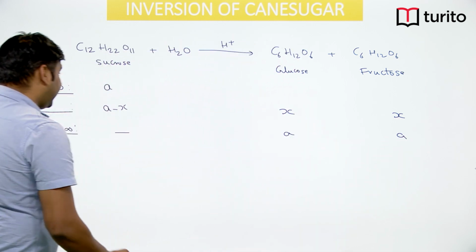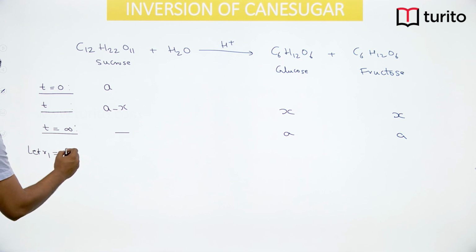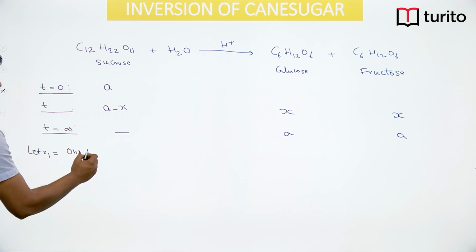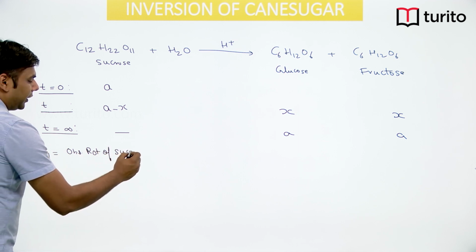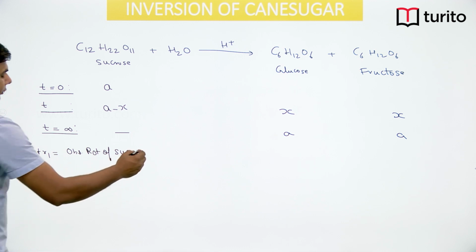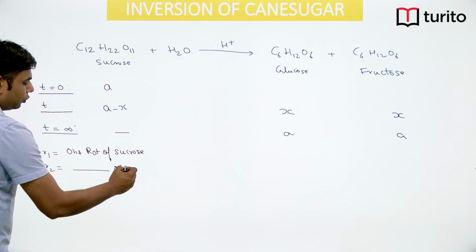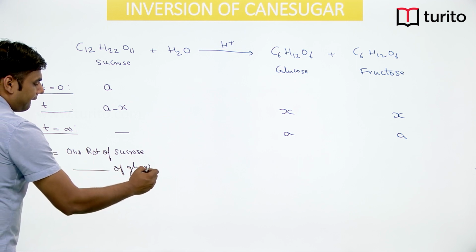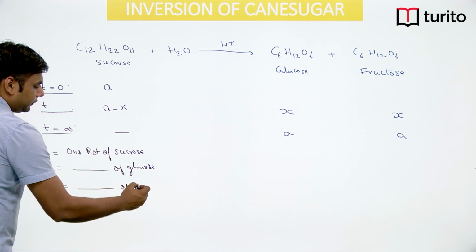Now let R1 be the observed rotation of sucrose. This is defined per mole. So R1 is the observed rotation of sucrose, R2 is the observed rotation of glucose and R3 is the observed rotation of fructose.